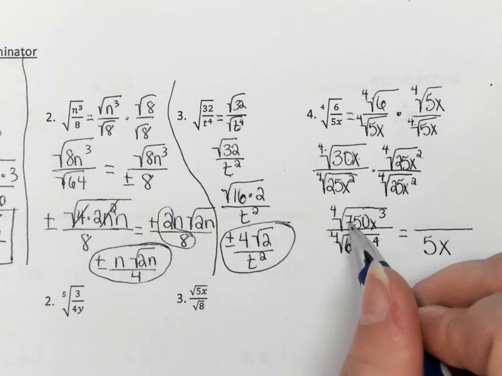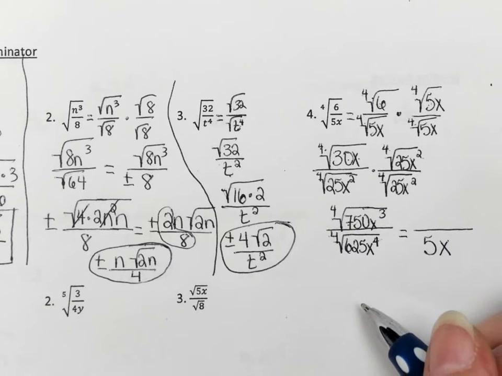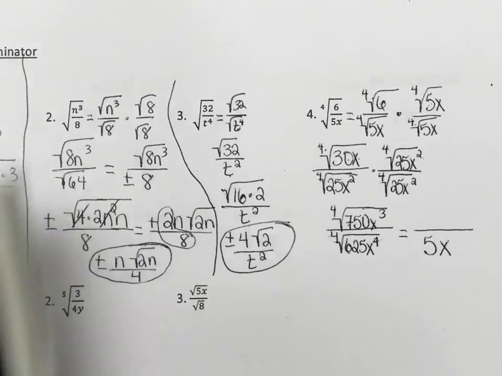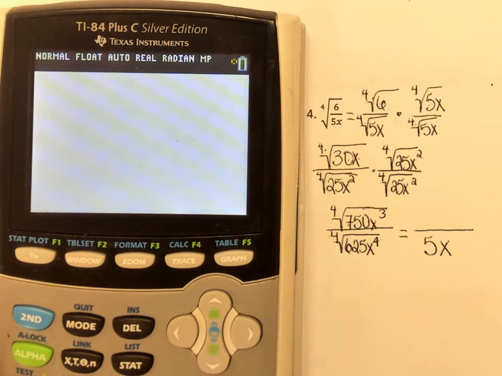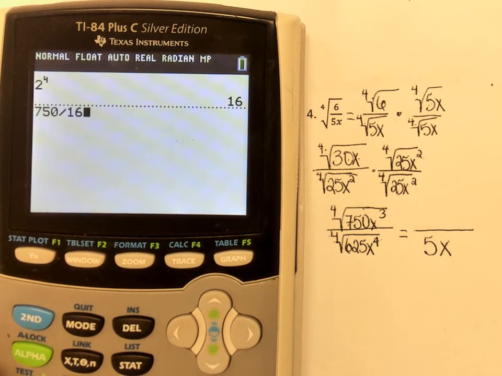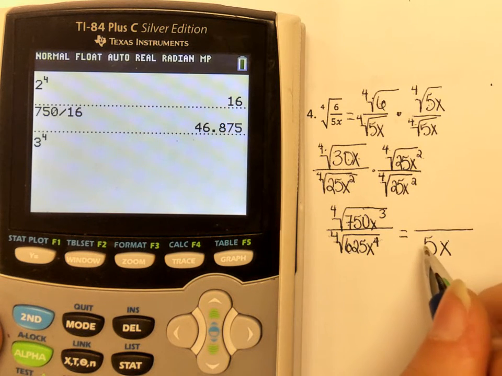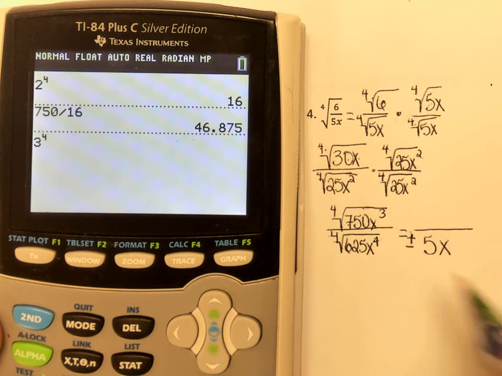All right, what about 750? Can you break that up? Is there a 4th root that goes into 750? So let's talk about 4th roots. What's 2 to the 4th? 16. Does that go into 750? Probably not. Nope. All right, what about 3 to the 4th? 81.